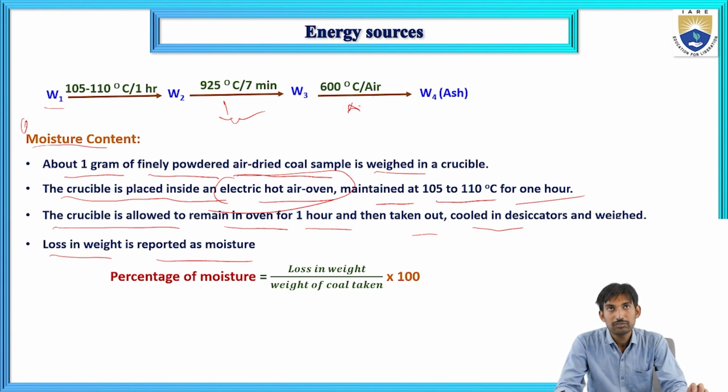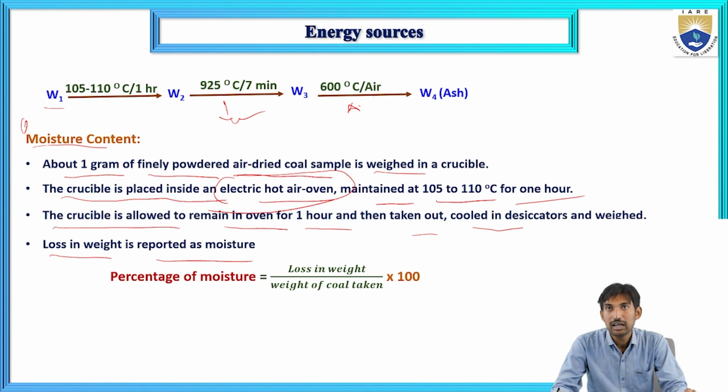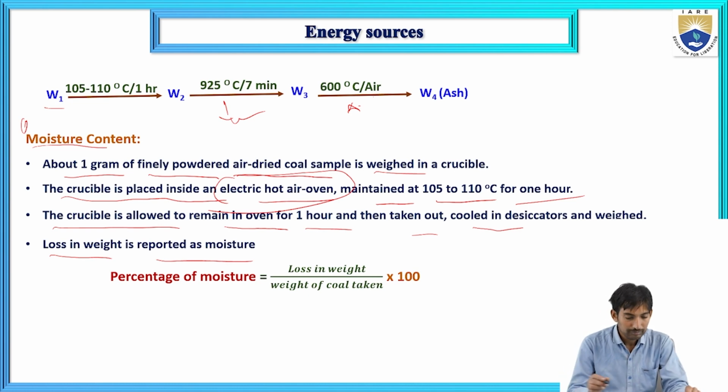In the first step, take approximately 1 gram of finely powdered coal in a crucible. Then keep it inside the hot air oven and maintain the temperature at 105 to 110 degrees centigrade for 1 hour. The crucible is allowed to remain for 1 hour in the oven, then taken out, kept in a desiccator, and weighed again.